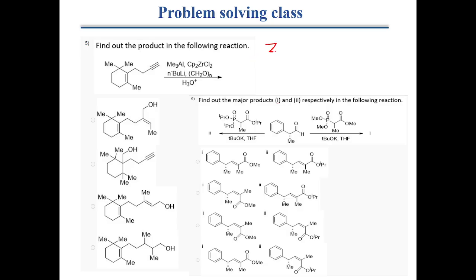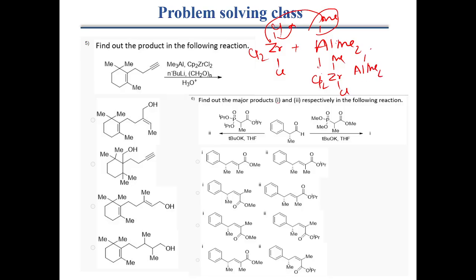First, if I am writing plus AlMe3, this will transfer and this will go, leaving this Me2AlCl.